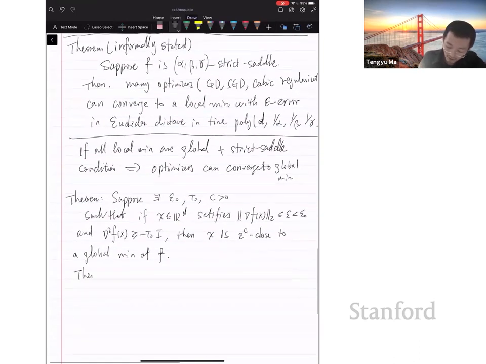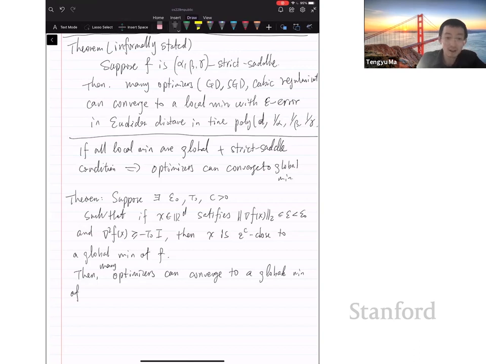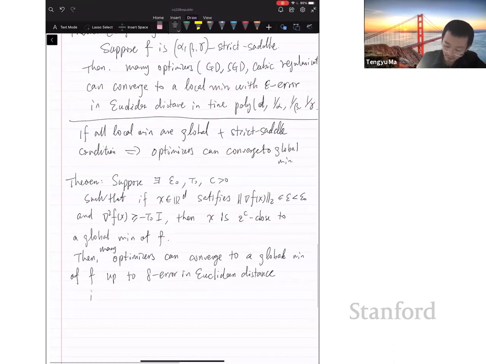And then under this condition, the same set of optimizers which can converge to local minimum, many optimizers, can converge to a global minimum of f up to say delta error in Euclidean distance in time poly of 1 over delta, 1 over tau 0, and d.